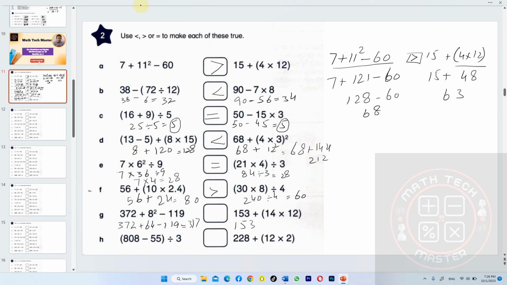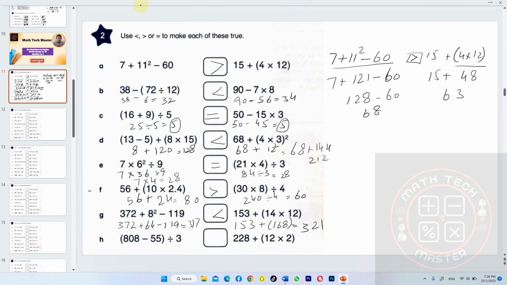On the right hand side, we have 153 and we multiply 14 by 12, we will get 168, and when we add 153 and 168, we will get 321. So we know that 321 is greater than 317. It is very easy for us to compare such small numbers.